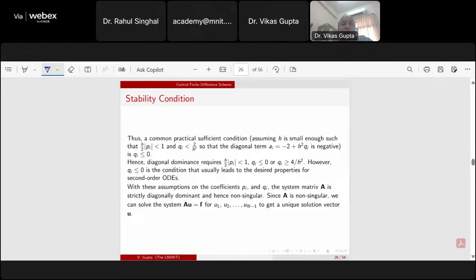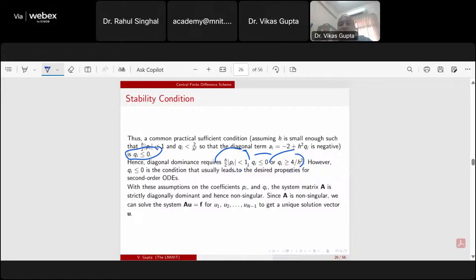So thus a common practical sufficient condition, assuming that h is small enough such that h by 2 mod pi is less than 1 and qi less than 2 upon h square, so that the diagonal term ai equal to minus 2 plus h square qi is negative, is qi less than or equal to 0. Hence, diagonal dominance requires this condition and this condition, or this condition.